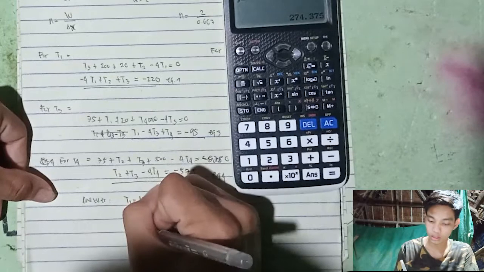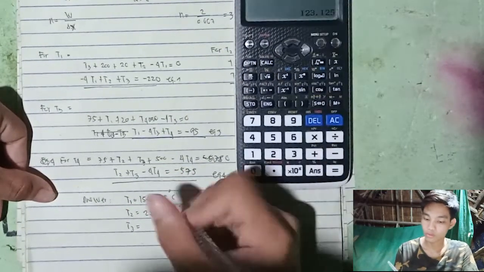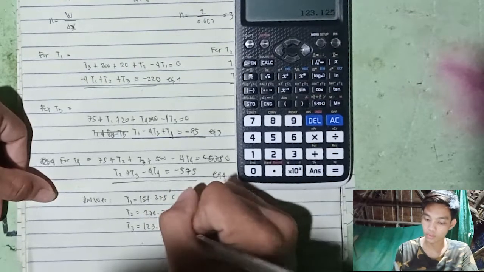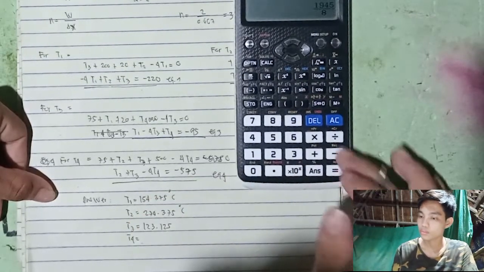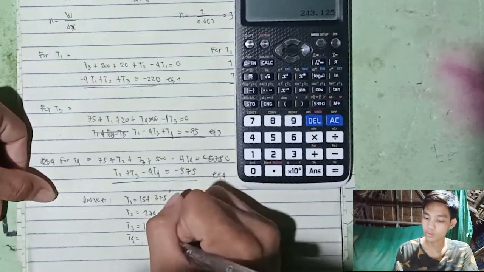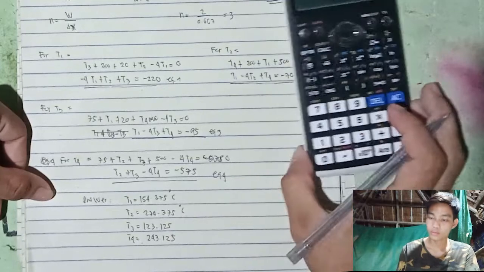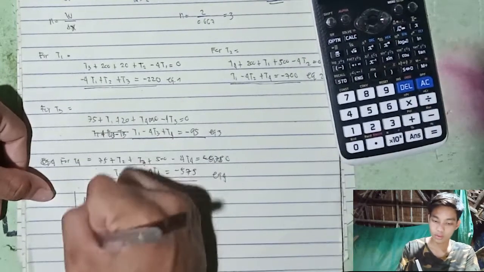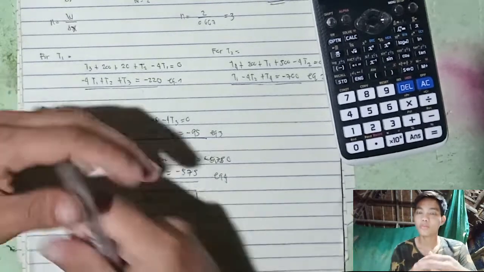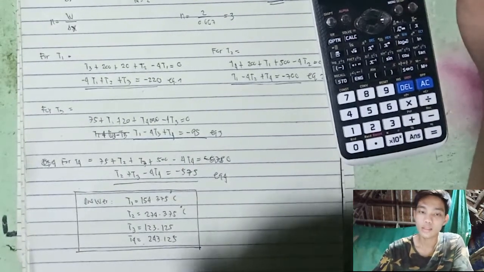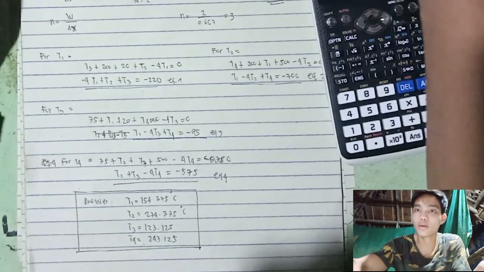Naka-degree Celsius din yung ating given. So, for our T3, we have 123.125. For our T4, we have 243.125. So, this is our final answer. So, ito lang po sa example ng engineering problem. So, maraming salamat po and thank you and God bless.